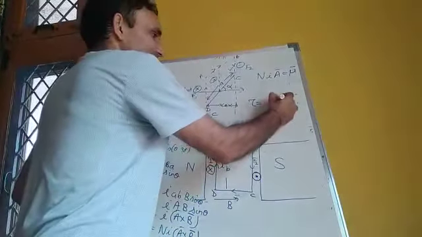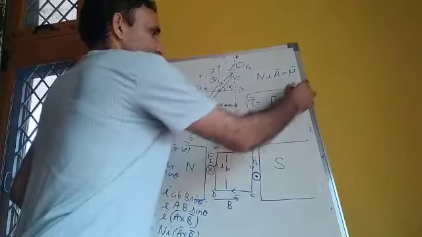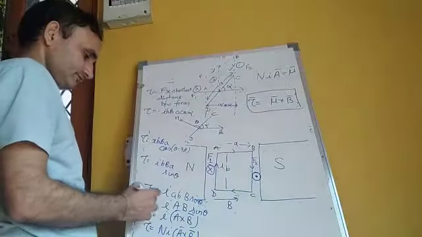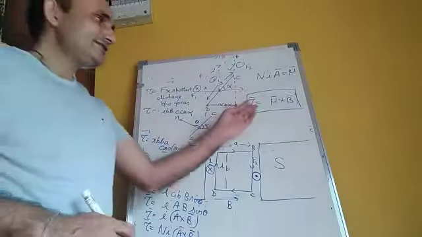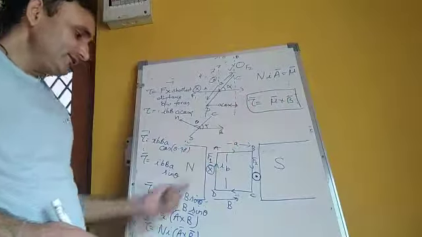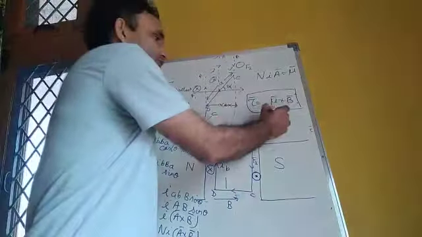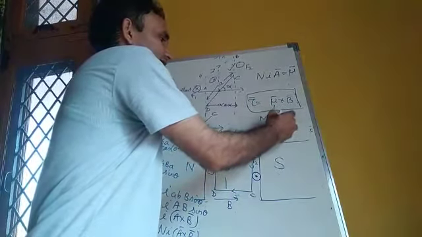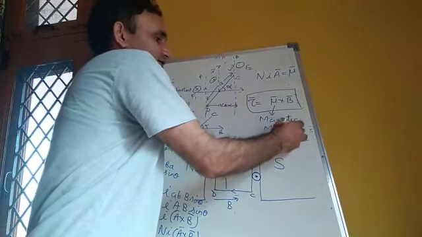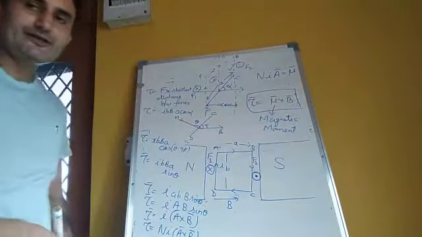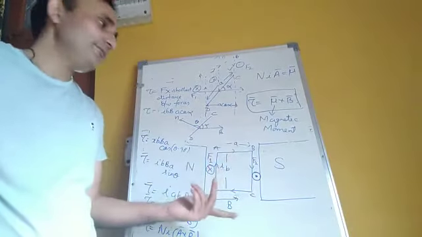So we write it as mu cross B. So we write it as torque tau equals mu cross B. We have replaced NIA by mu. This mu is called the magnetic moment. Just like you have dipole moment, this is called the magnetic moment of the magnet.